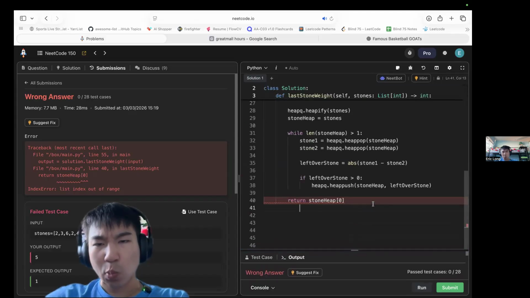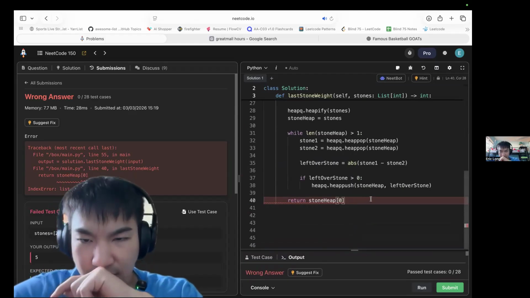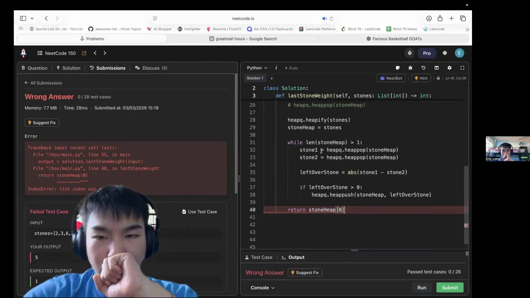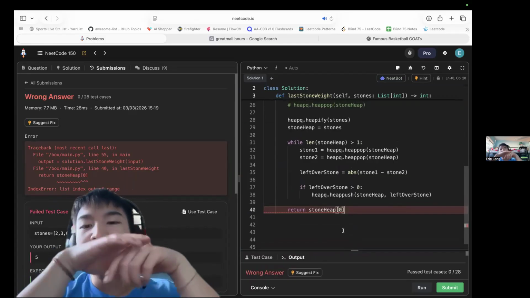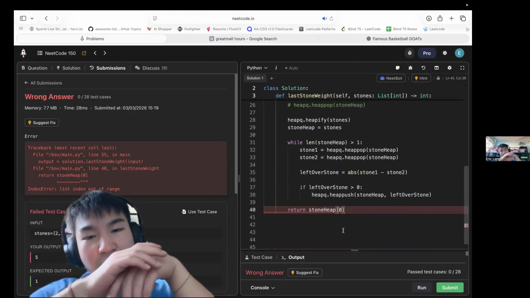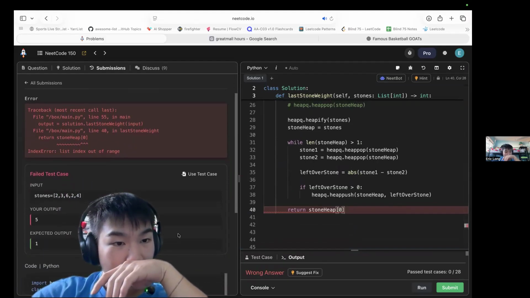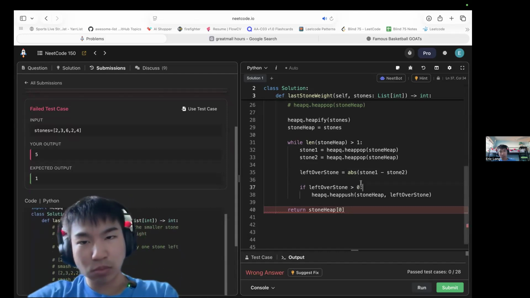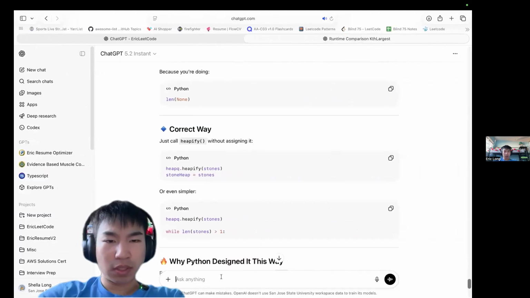How's it out of range if it's 0? Wait, my output was 5. What?